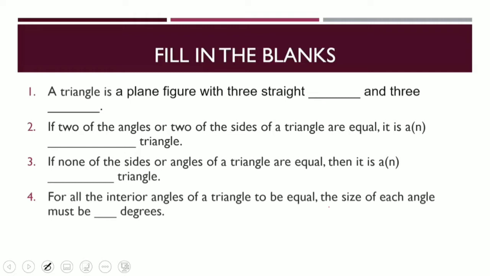All right, counting down. If your answer was 3 straight sides and 3 angles, then you are correct. Let's go to number 2. If 2 of the angles or 2 of the sides of a triangle are equal, what kind of triangle is it?